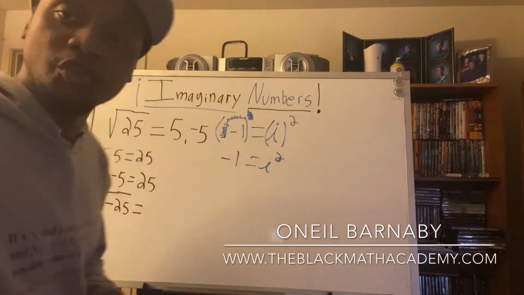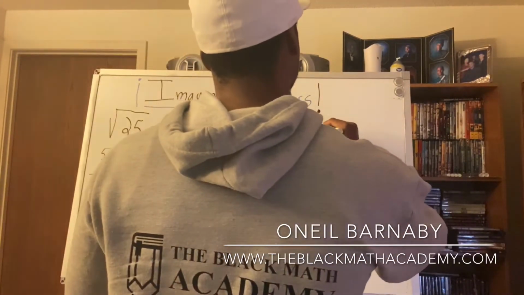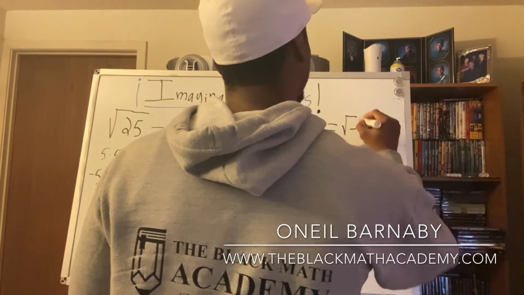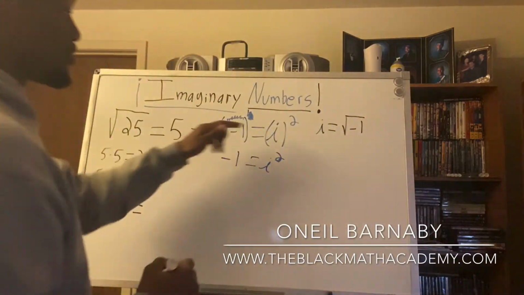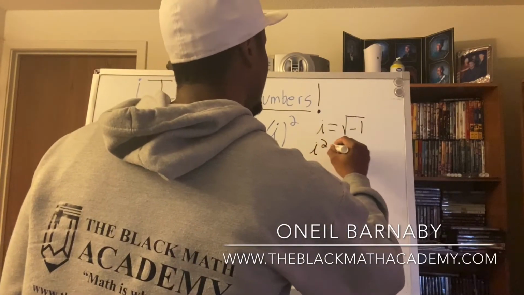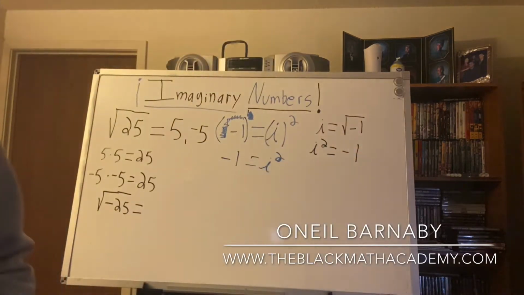So I'm going to show you a few of those rules here. So first we said that i was equal to the square root of negative 1. And when we squared both sides, we just discovered that i squared is equal to negative 1. All right.